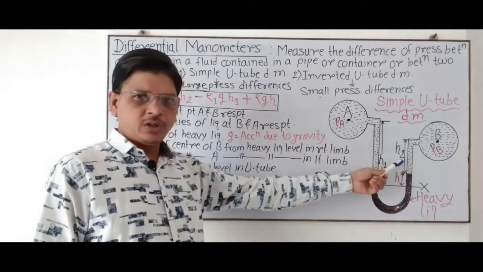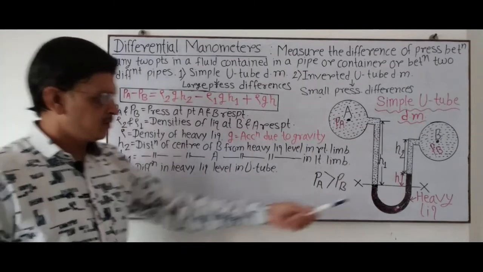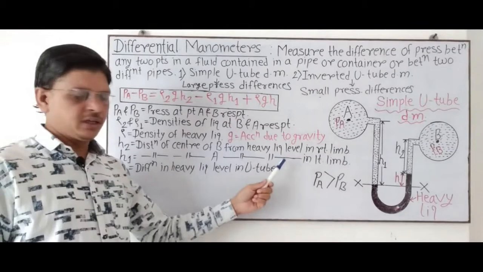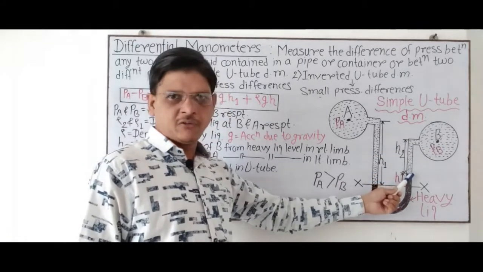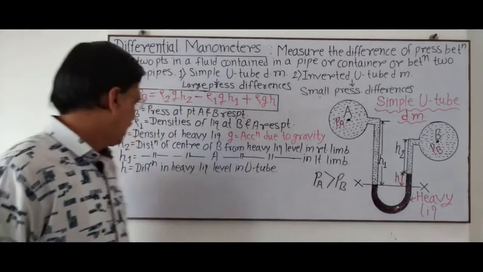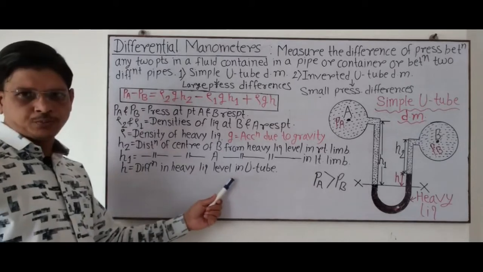Height H2. H2 is the distance of center of B, means this point, from heavy liquid level in the right limb, means from this heavy liquid level. Then this H is the difference in heavy liquid level in the U-tube.